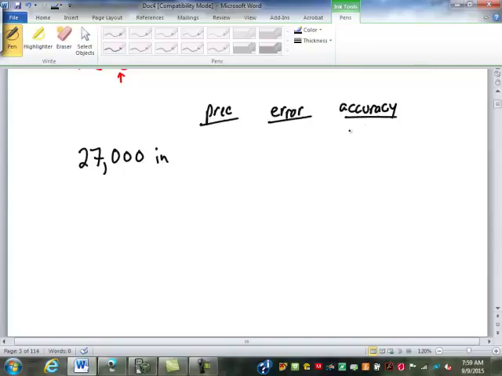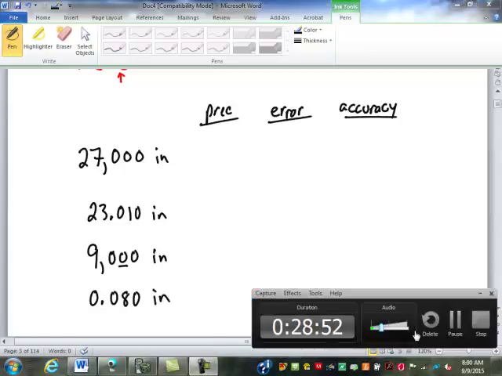Notice the number of significant digits. So for each of those, find those 3 items.